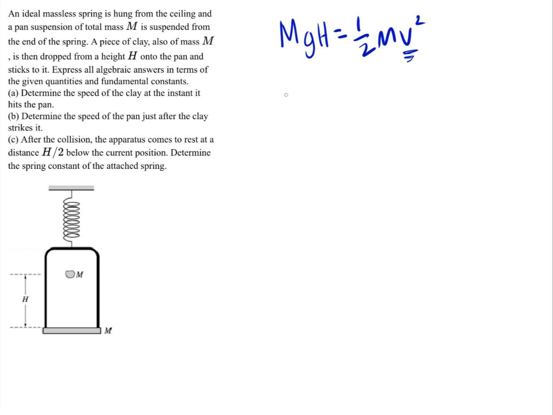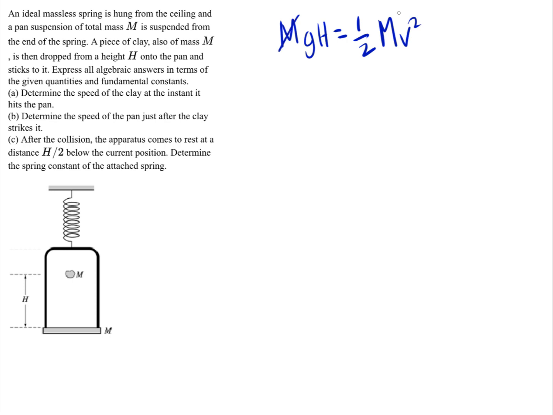So we can use this to derive an expression for the speed of the clay. Both masses cancel, since the clay has the same mass the instant before it hits as it did when it was held a height h above.